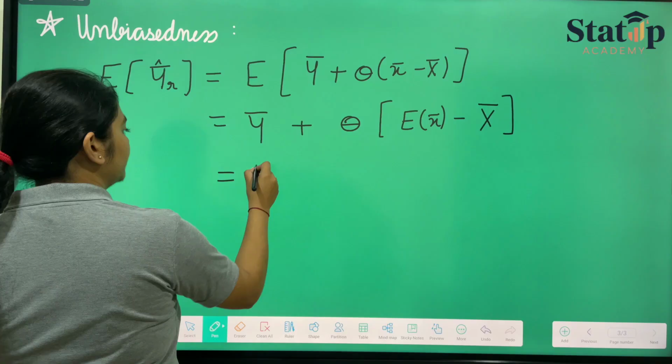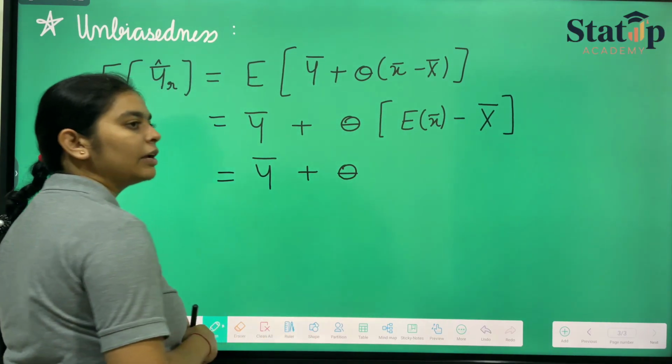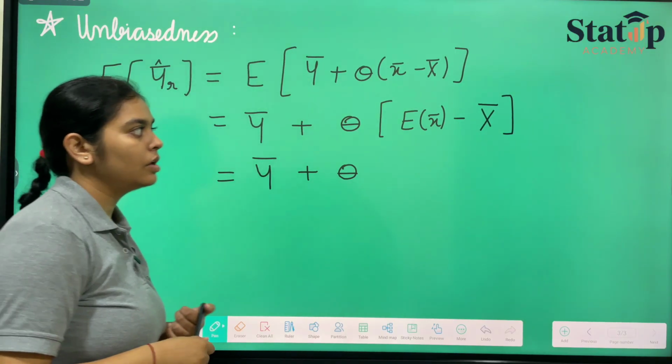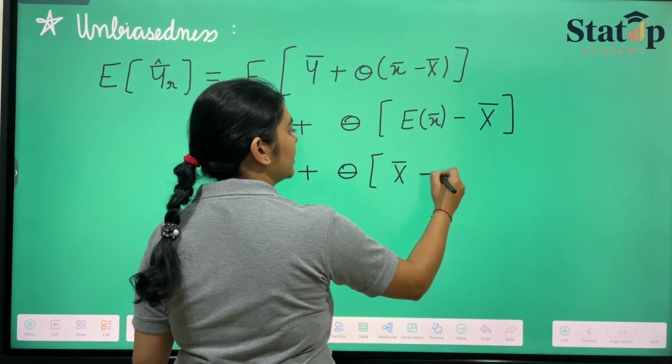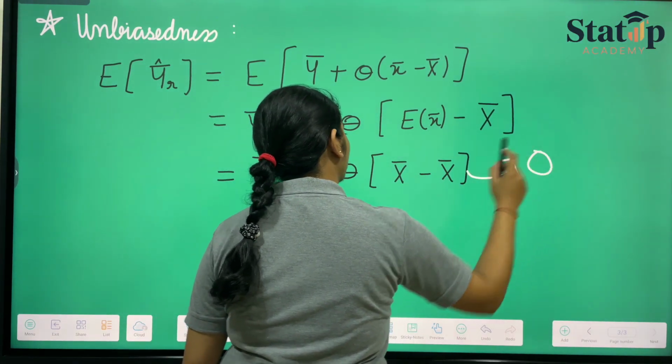So this will become y bar plus theta. From simple random sampling without replacement, estimation of sample mean is equals to population mean. So it will be capital X bar minus capital X bar. This value becomes 0.